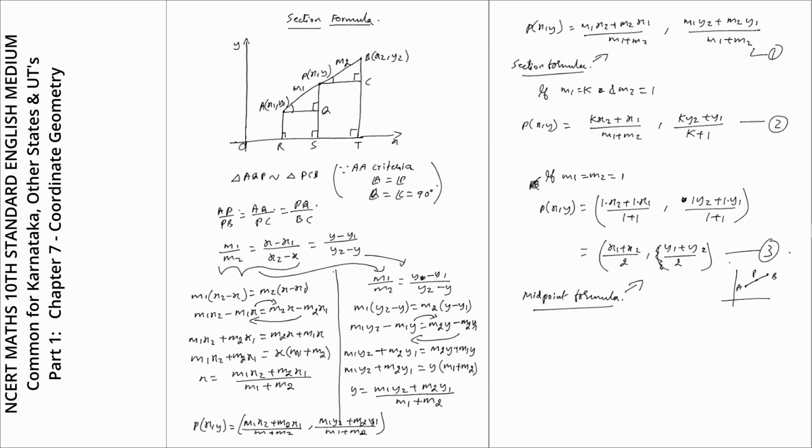That means AP by PB will be equal to 1. In the first case, P of x y divides the line AB in the ratio m1 is to m2. In the second case, P divides the line AB in the ratio k is to 1, and in the third case, P divides the line AB in the ratio 1 is to 1.